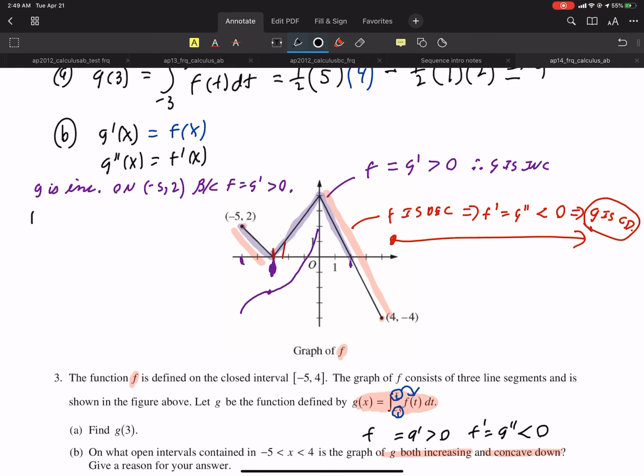So F is decreasing on the interval from -5 to -3 and from 0 to 4. So -5, -3, and from here 0 to 4. That's a statement.